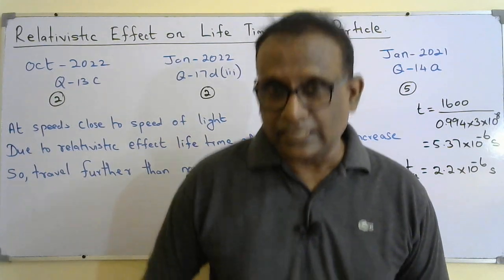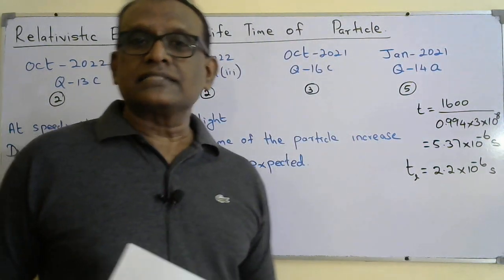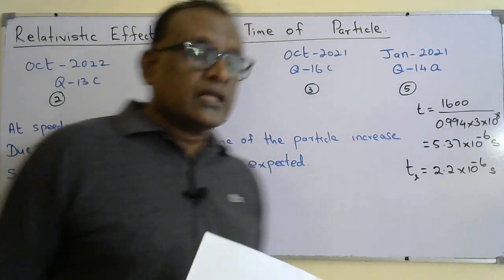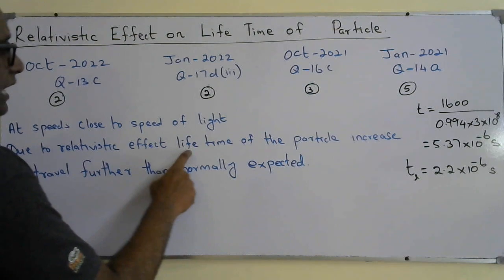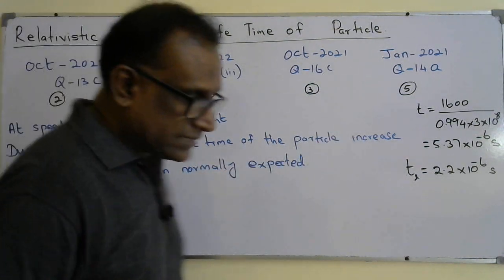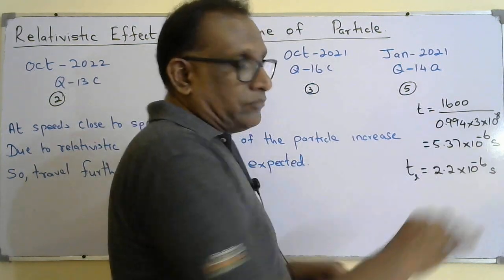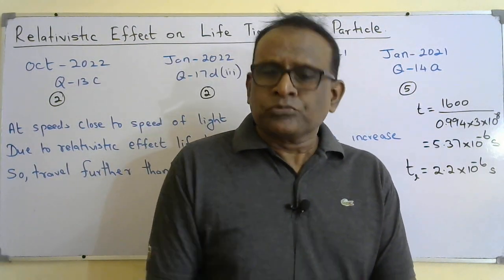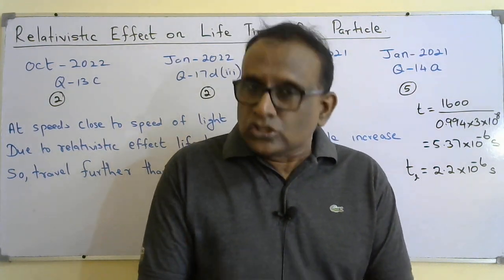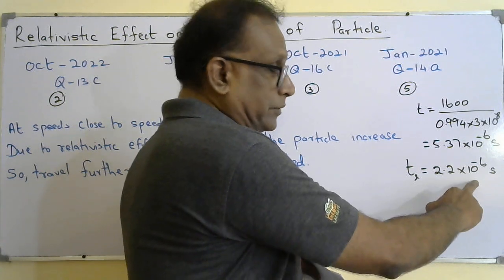But students normally ask. It's not in your syllabus and you don't need to go into detail, but since students ask, I'm going to explain that also. Normally students ask about this point: due to relativistic effect, the lifetime of the particle increases. How does that happen? When the particle is created in the laboratory and is at rest, or moving at very low speeds, the lifetime is 2.2 × 10^-6 seconds.